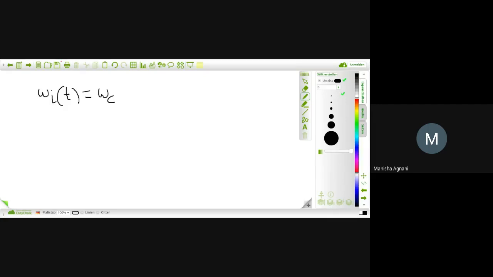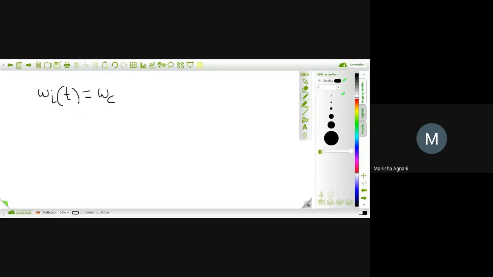Since we are taking a sine wave as a carrier signal having a frequency omega c, when I'm not doing modulation, the carrier frequency will remain omega c. The amplitude is fixed as A. To make things simpler, I am keeping theta naught equal to 0. So when no modulation is taking place, omega I of t will be equal to omega c.